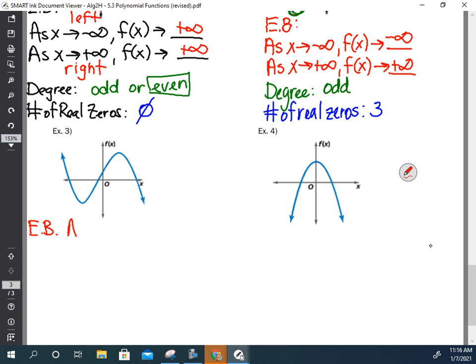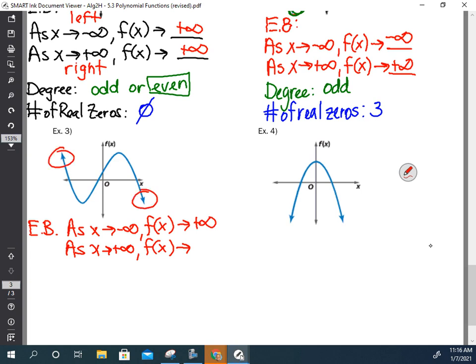End behavior. If you're on the left-hand side, what is the graph doing? It's going up, and up means what? Positive infinity. If we go on the right-hand side, what is the graph doing?